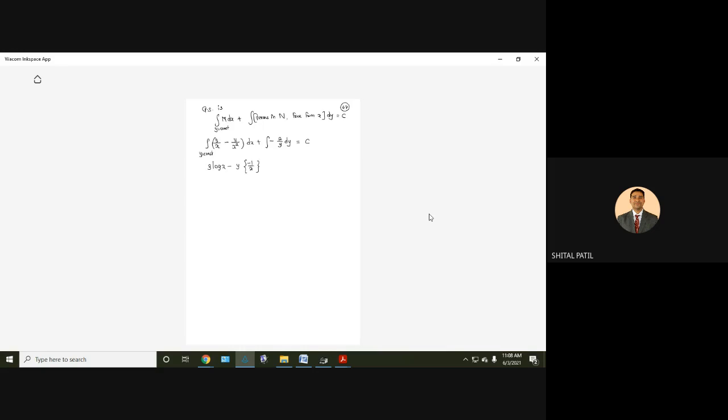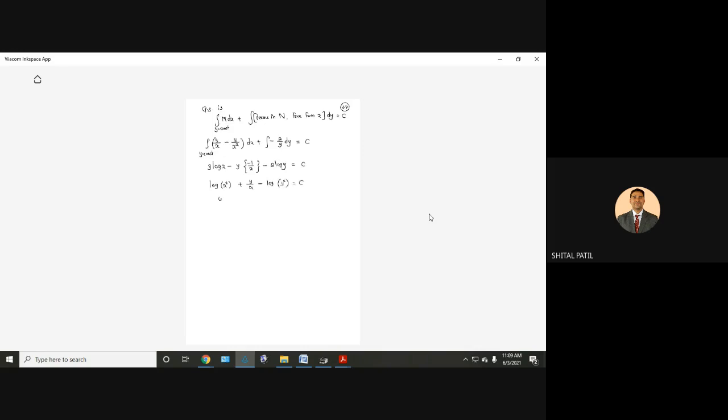integration of 1 upon x squared minus 1 upon x. So this is log of x squared plus y by x minus log of y squared.